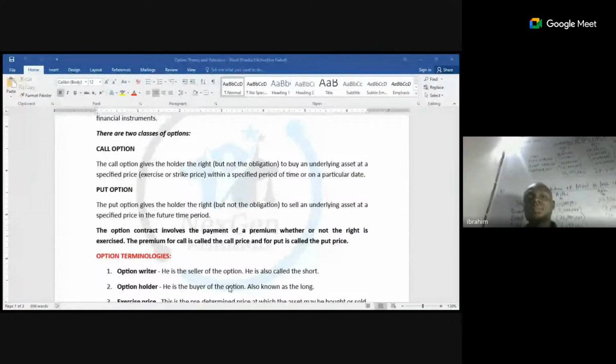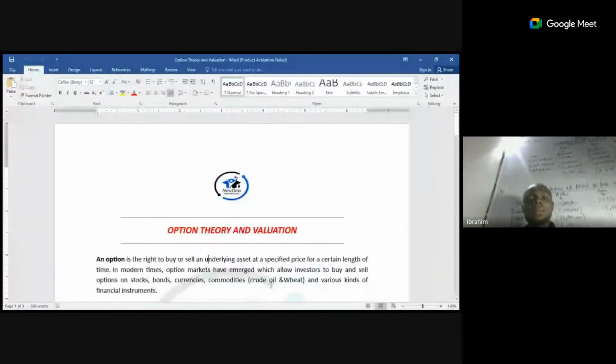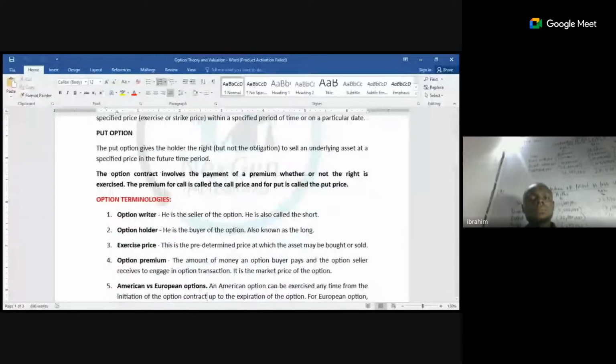Next, option terminologies that we may see as we move. Number one, option writer. Class, who is an option writer? The person, the seller of the option.